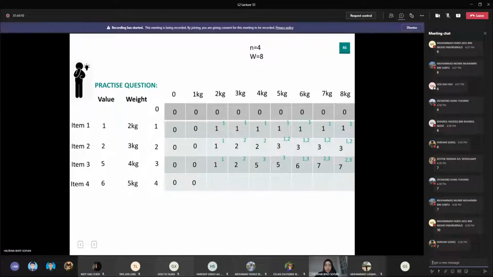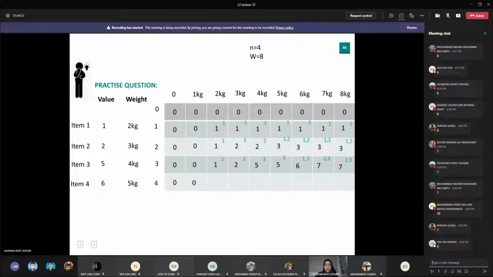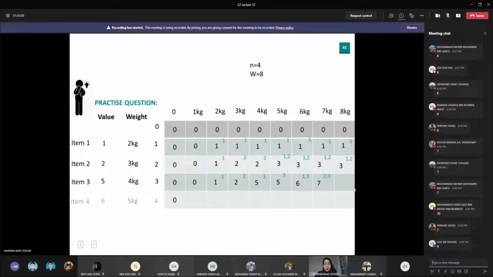Last row. Alamak. Farid said 10. Loy Jin Hong said 9. Okay. Over here, is it? Okay, over here. At capacity 8 kg. Okay.